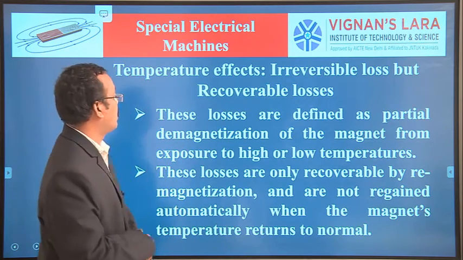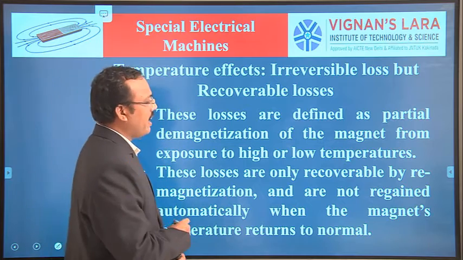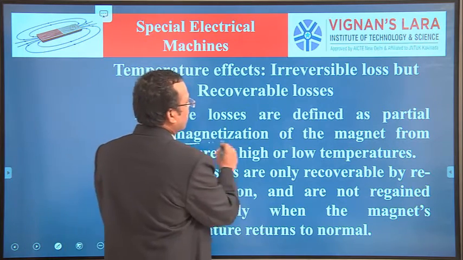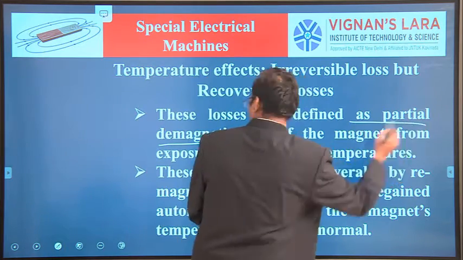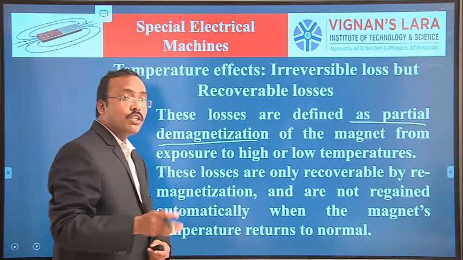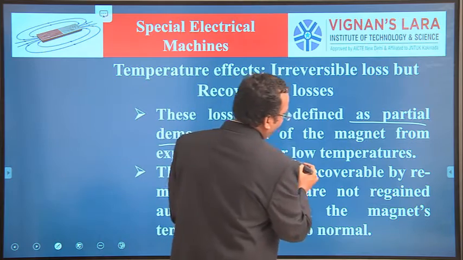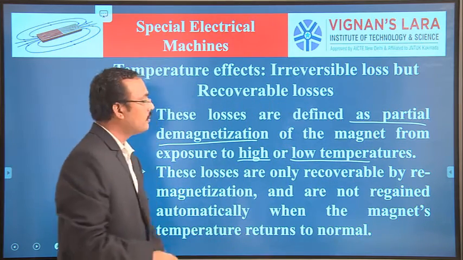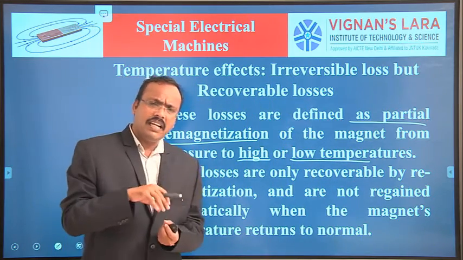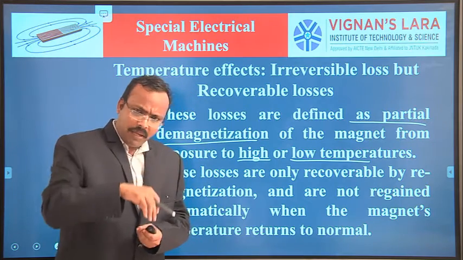These losses are defined as partial demagnetization of the magnet from exposure to some temperature. Are you clear? The magnetic material is subjected to some temperature.